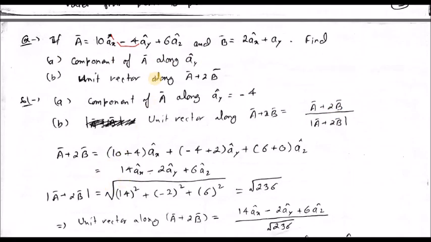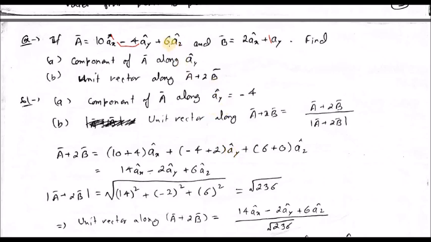In the ax direction it is 10 plus 2 times 2, so 10 plus 4. In the ay direction it is minus 4 plus 2 times 1, so minus 4 plus 2.